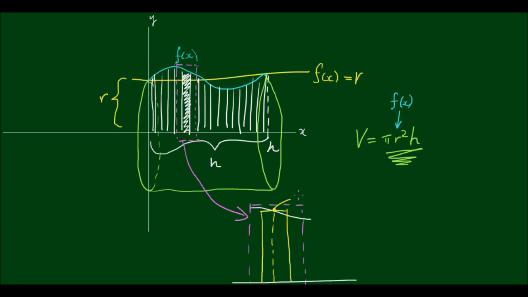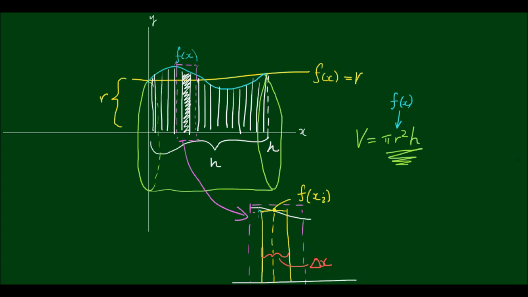So this point here is f of x at the ith strip, and the width of this strip I will call delta x.